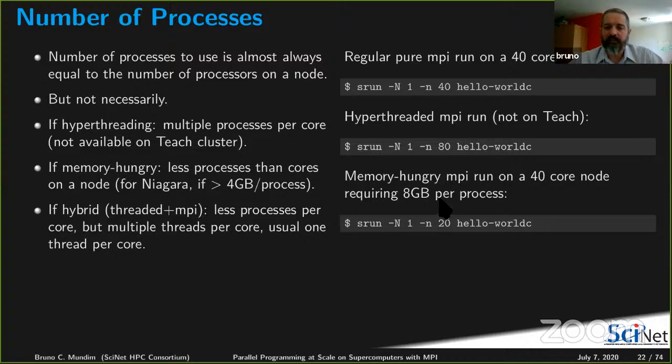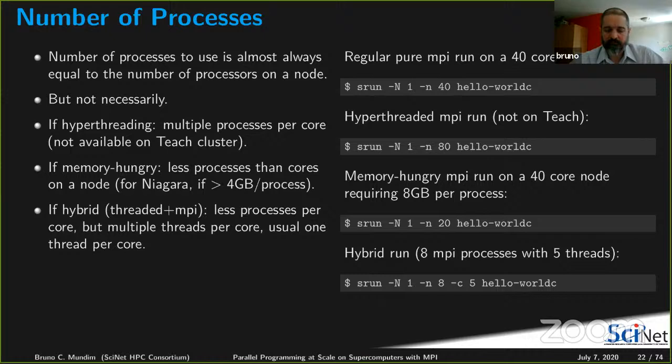And if you have a memory-hungry process that requires 8 gigabytes per process, then you need to divide the number of cores you are asking for by 2. So in this case, you would have only 20 cores to run your job. This is allowed on Niagara, but only when you are asking for more memory per core than you have available. And if you're doing a hybrid run, for example with 8 MPI tasks with 5 threads each, then you have to add another option.